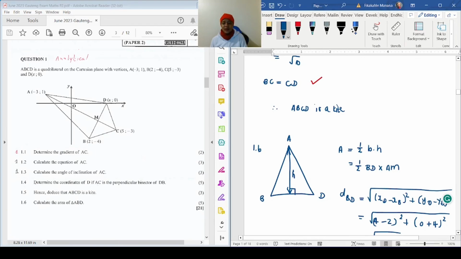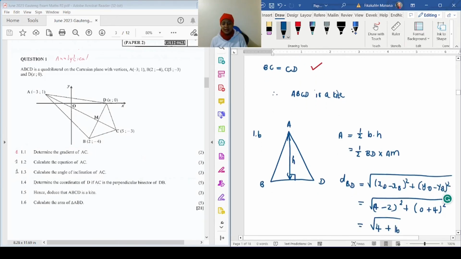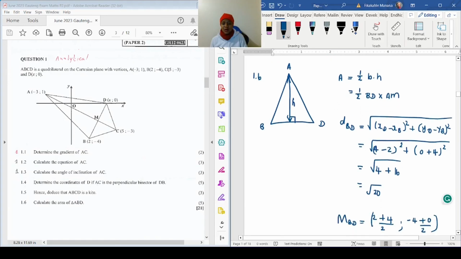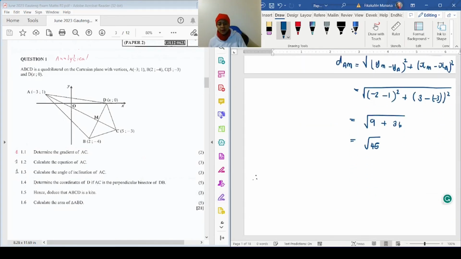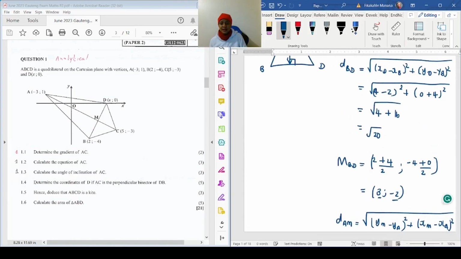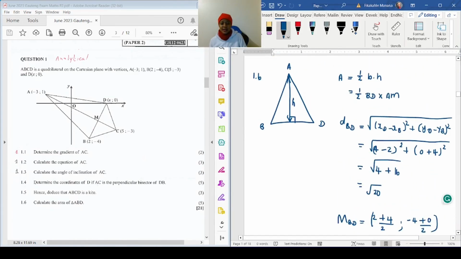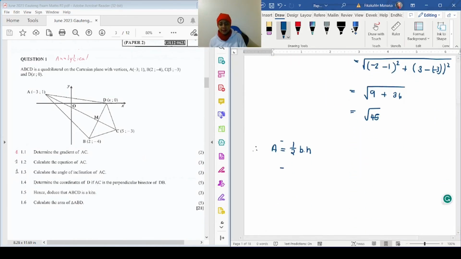And we have our base, okay? And now we can calculate what the area is. So therefore, area, let's just remind ourselves, half base times height. Our base is BD, so that's root 20. And our height, that's root 45.